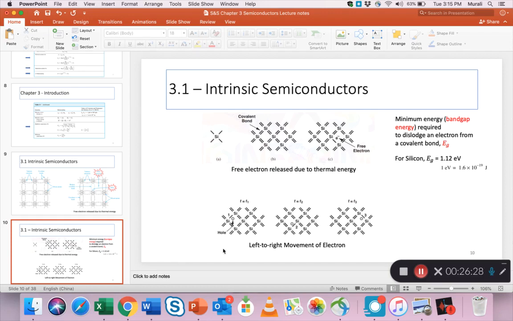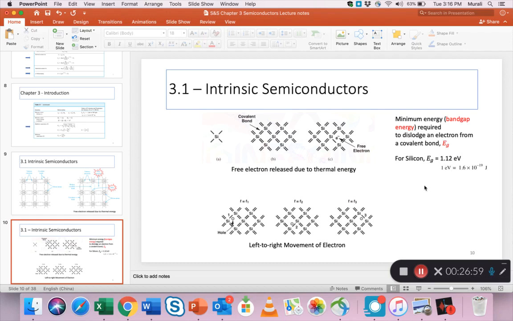Now here's something at the top right. The minimum energy required to dislodge an electron from a covalent bond is called Eg, and you'll see this Eg quite often in electronics. The band gap energy for silicon is slightly more than 1 electron volt.